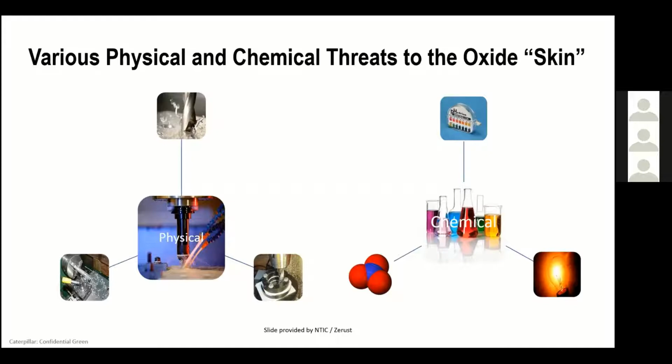Now over on the right-hand side, when we talk about the chemical pH, let me introduce pH. pH runs from 0 to 14, with 7 being neutral. Below 7, we're in acidic conditions, and acidic conditions typically accelerate corrosion on metals. Above 7 is alkaline, sometimes referred to as basic.